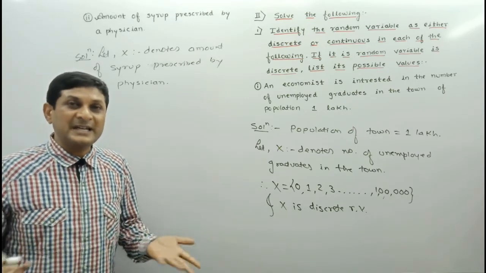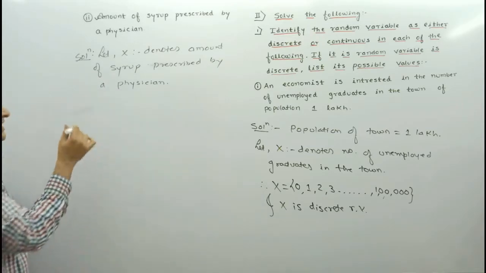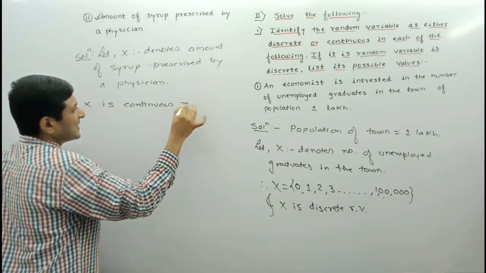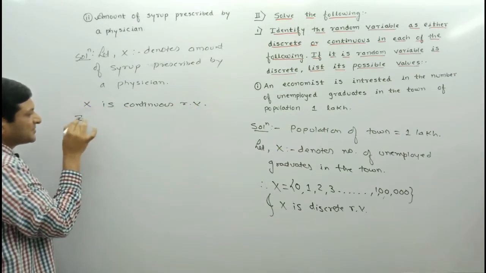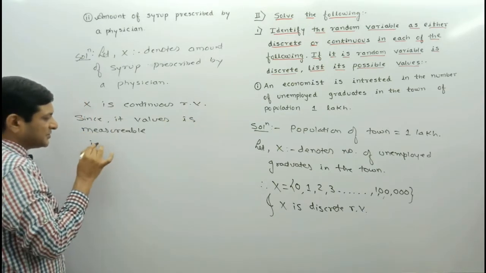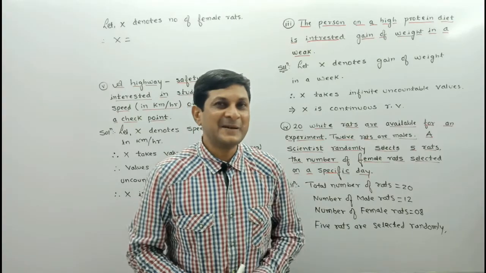How many real numbers are there? Infinitely many real numbers are there. So that's why here we can say that x is a continuous random variable since its value is measurable, that is infinitely uncountable. Now see the third example.